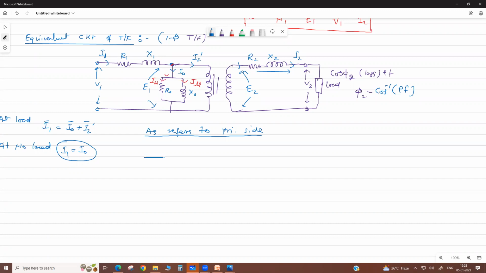Then this becomes the secondary resistance, secondary reactance, and this is your load.